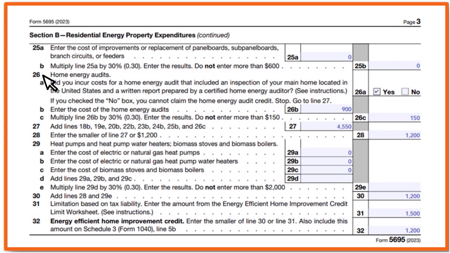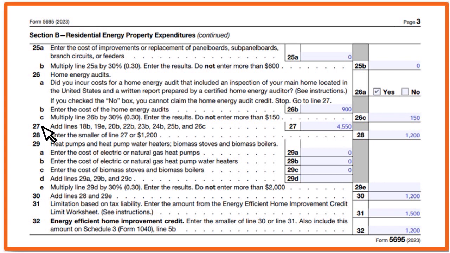And so on line 27, when you do the math here, you add 18B, 19E, 20B, 22B, 23B, 24B, 25B, 25C, 26C rather, you have $4,550. So it's pretty straightforward. Again, the math is pretty straightforward.